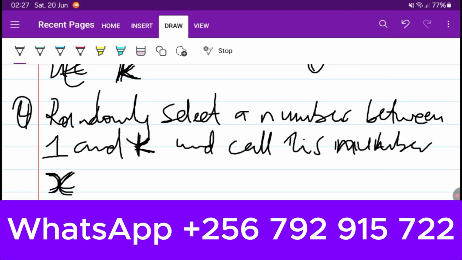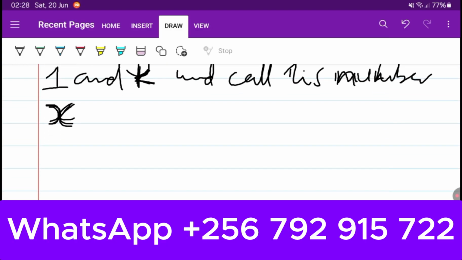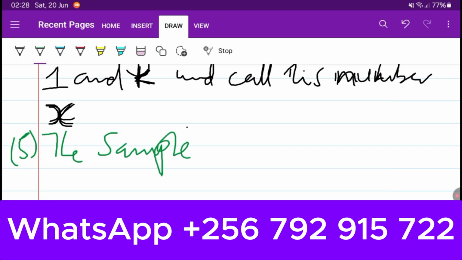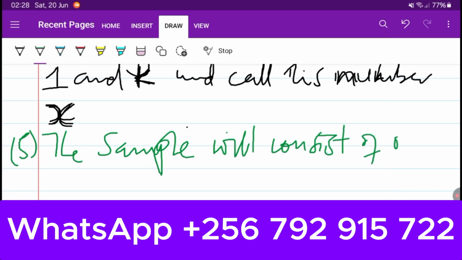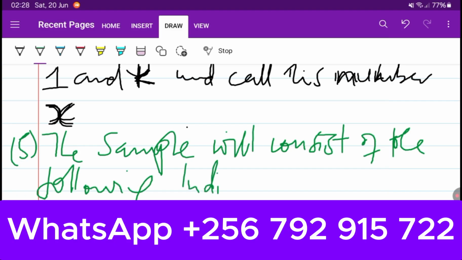Now the final step, step 5, is now to get the sample. The sample will consist of the following individuals or items.